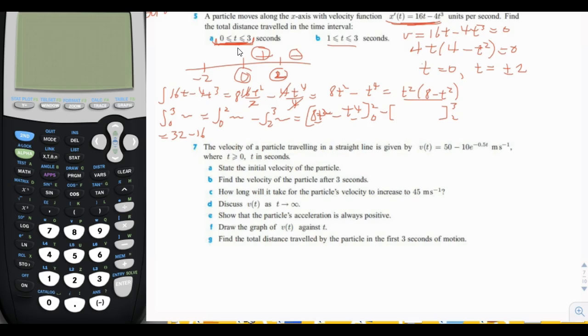And then let's do the next part. The next part, we're going to put 3 in for 8t squared. Actually, it wouldn't be 48, it would be 72, right? Because it would be 9 times 8, 72.